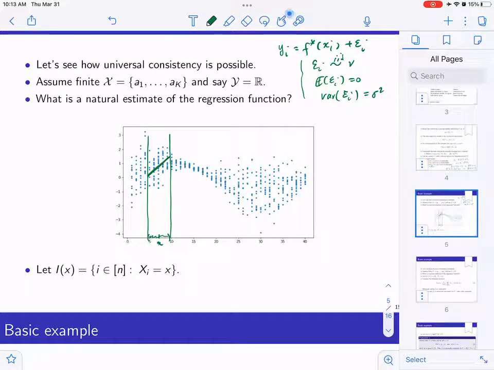If you want to use the partitioning idea, you could just fit one line in every partition, but there's no guarantee that you'd get a continuous function. But with local polynomial smoothing, for this particular point I fit this line, and the value of this line at this point would be my estimate.